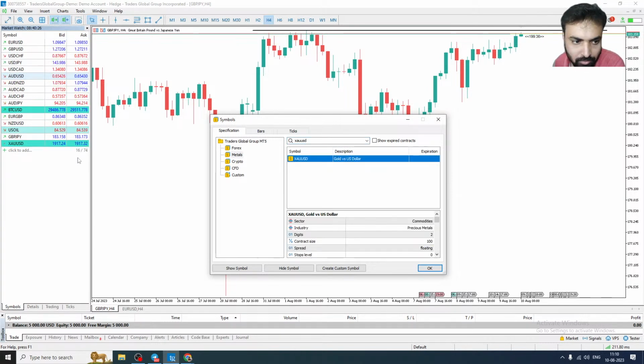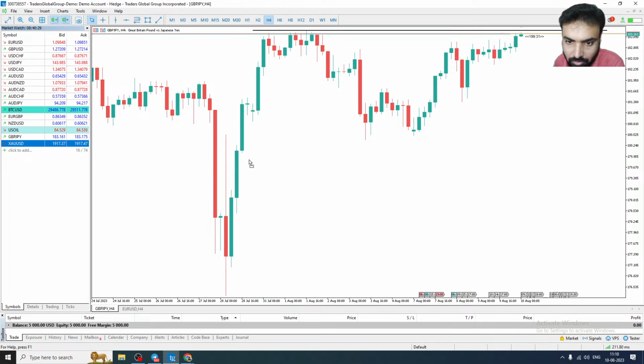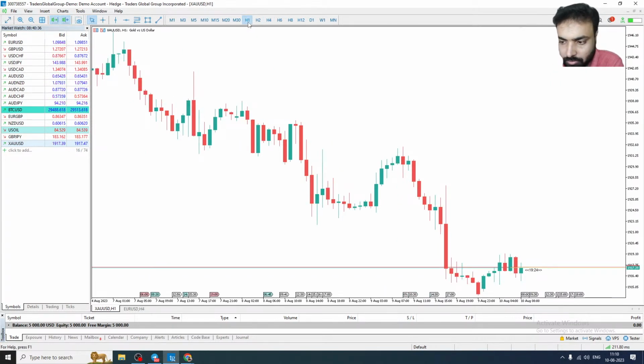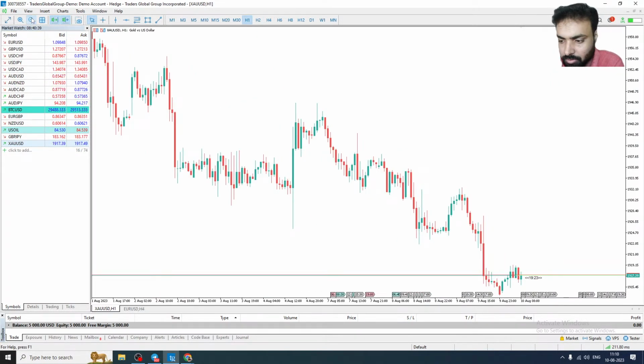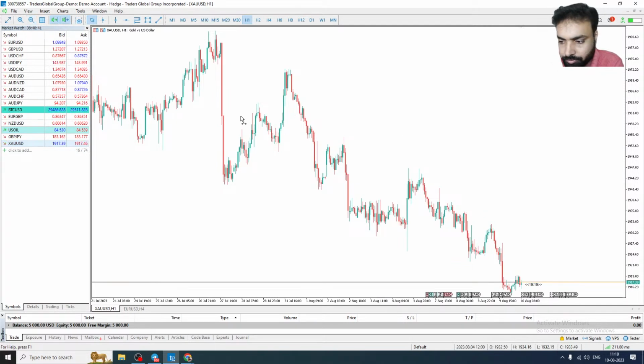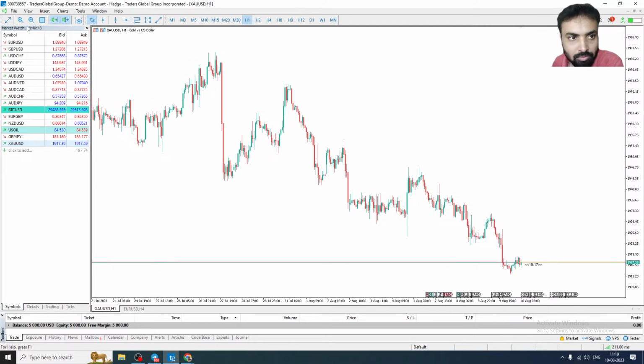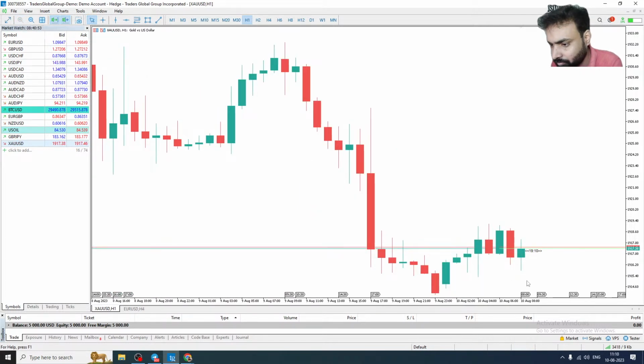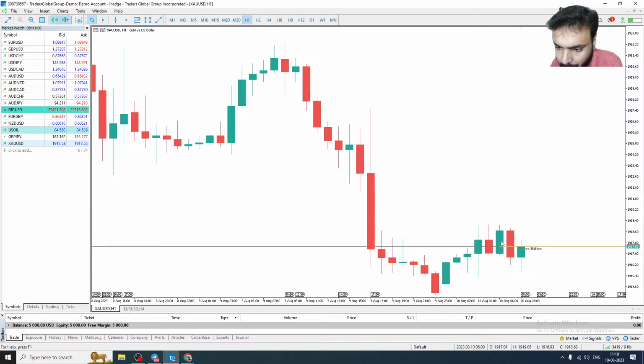Let's take gold. Okay, zoom in. Gold is currently ranging, you can see this kind of ranging here.